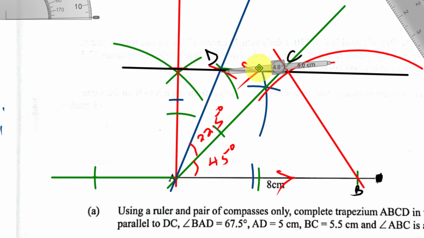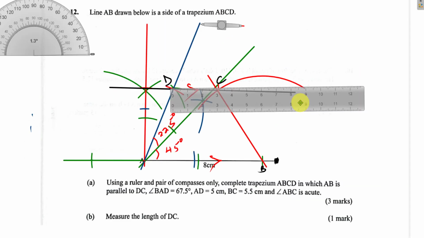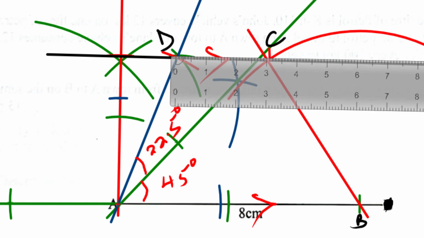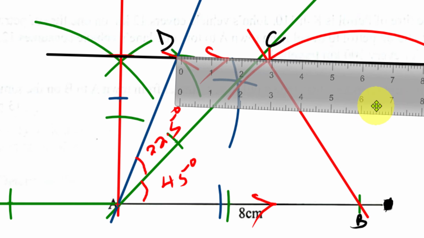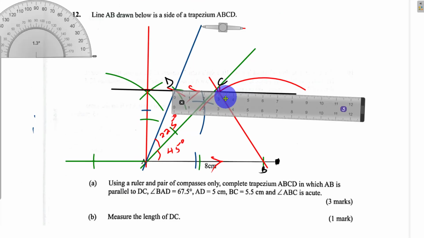So D is here, and that is where we have C. You can see this one is exactly 3.1. I can verify that using a ruler. So as you can see, 3.1.